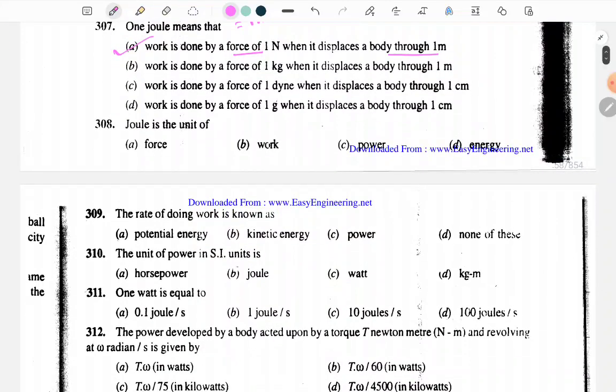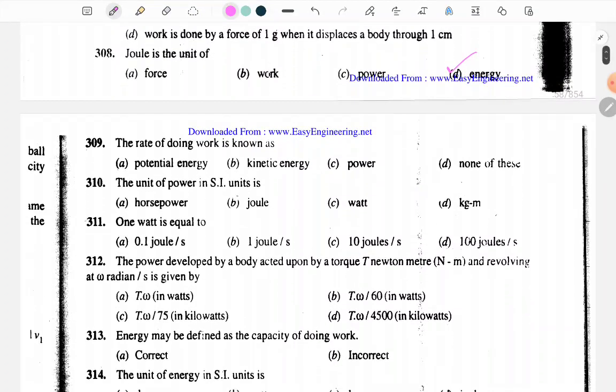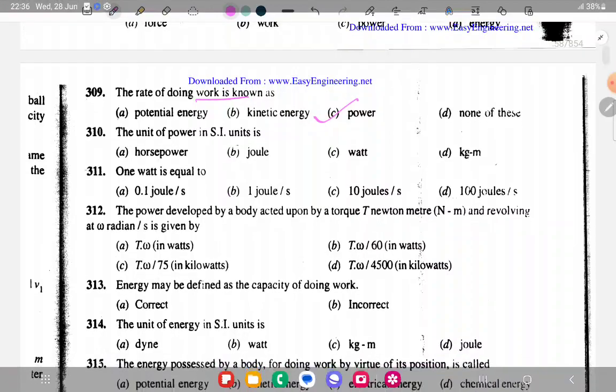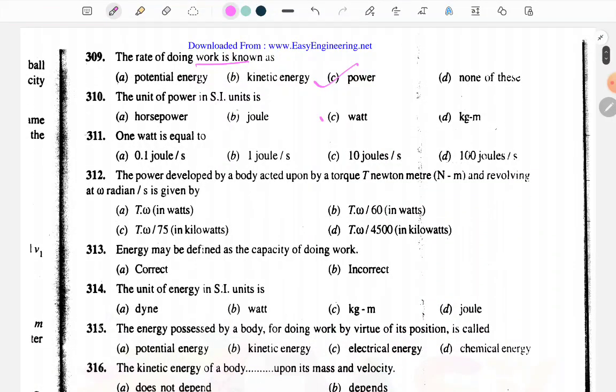Joule is the unit of, you can write either work or energy. So energy will take both the given. The rate of doing work is called power. The unit of power in SI units is watt. 1 watt is equal to 1 joule per second.